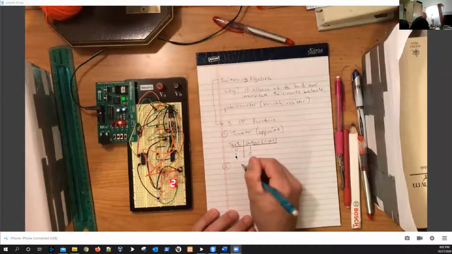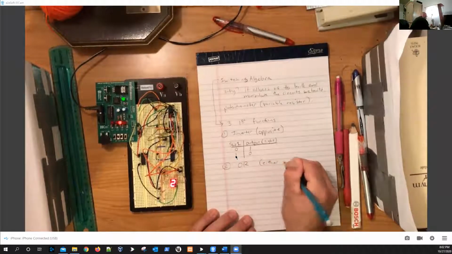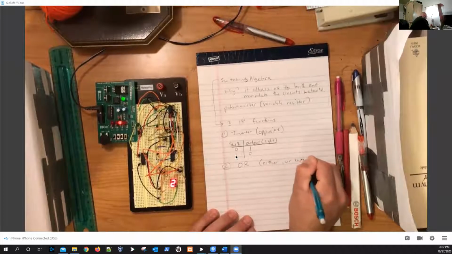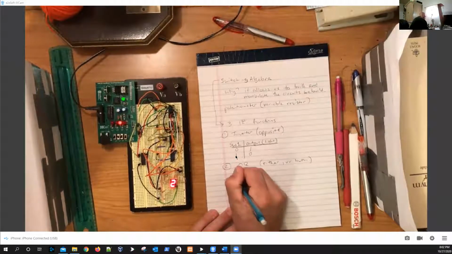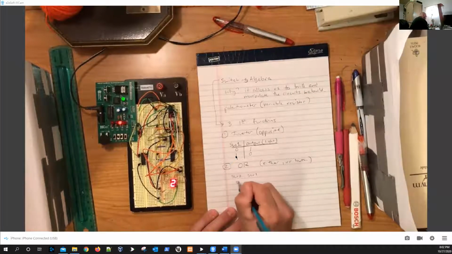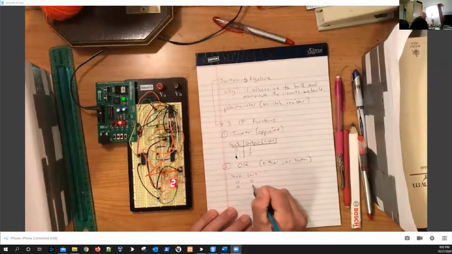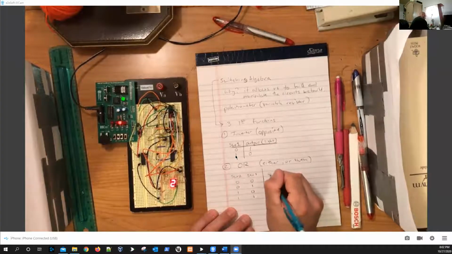Another basic function is OR. You want to think of this as either or both. This one has two inputs, so we'll call them switch 2 and switch 1. What we want to do is look at every combination of inputs. There they are.